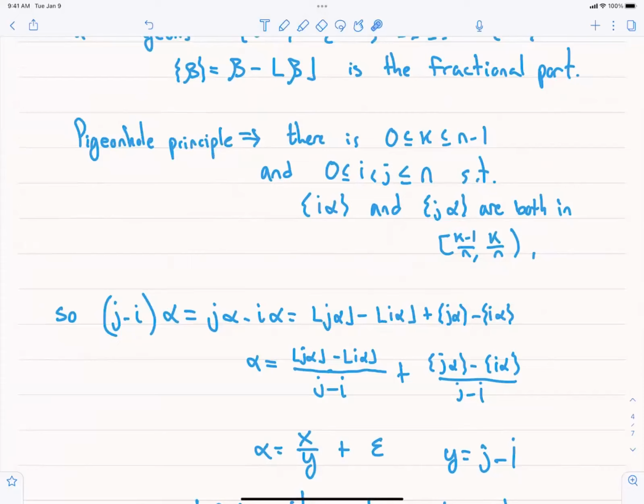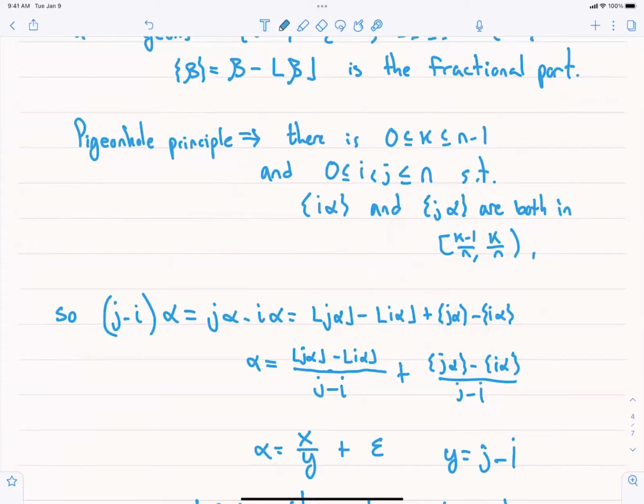So if I rewrite this equation, dividing by j minus i, I get alpha is equal to a fraction where the numerator and denominator are both integers, plus something that I can try to control how big it is using that these are in the same interval of length 1 over n.